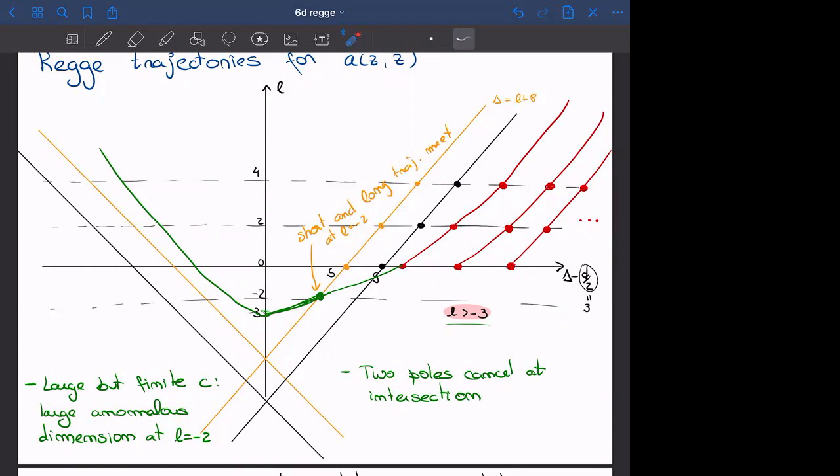So here you expect a Regge exponent, like the intercept is -3 or below, and if you had some stuff at spin -2, then by doing the usual Regge theory analysis, you would pick up this pole actually as well.